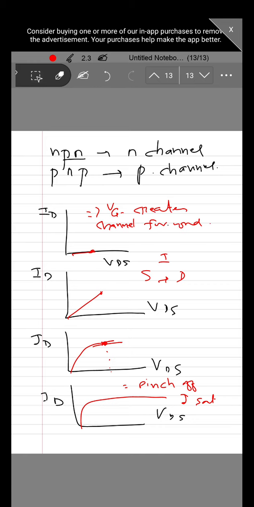Now the gate voltage increases the channel width and increases drain current.